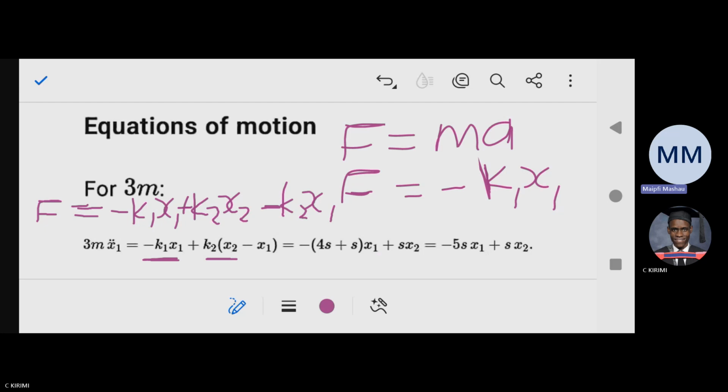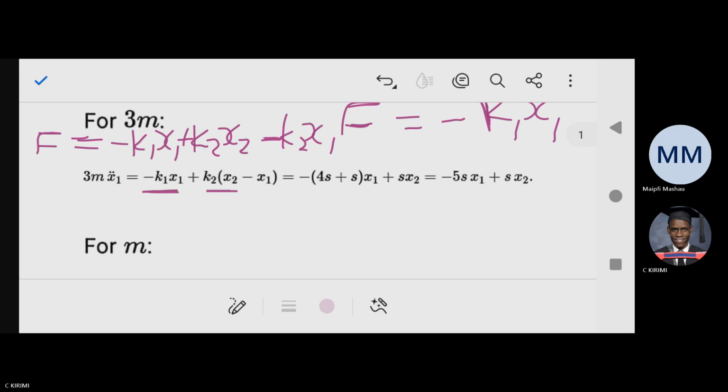Now we have 3m and then the x double dot, which is acceleration? Yes. So this part where you are equating it to k1 x1, that's where you need a bit of clarity.